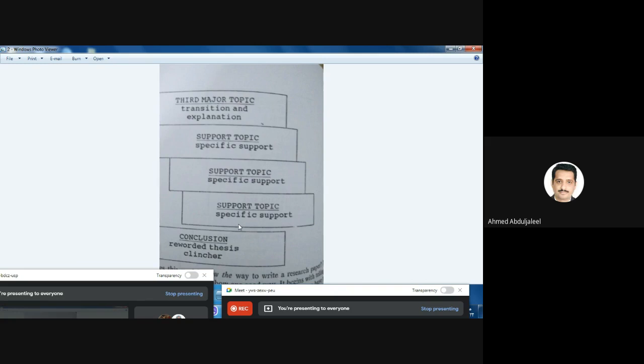We have the introduction. The introduction has two important purposes: gaining the reader's interest and presenting the thesis. So regardless again of the name that we have in the research, whether statement of the problem or introduction, we are going to have something to begin with.